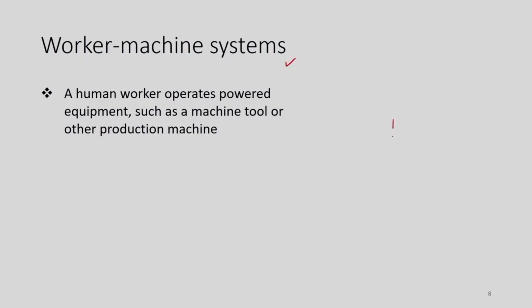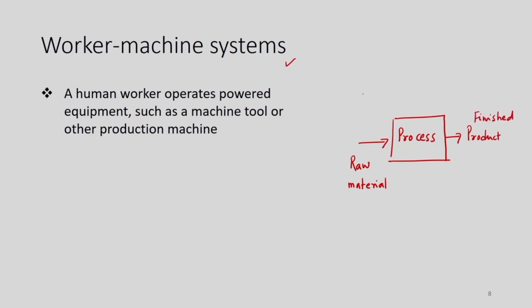If we try to draw a block diagram, there is a process of conversion of raw material into the finished product. We need the worker, and we need the machine as well.